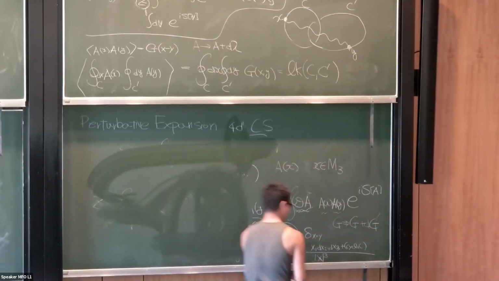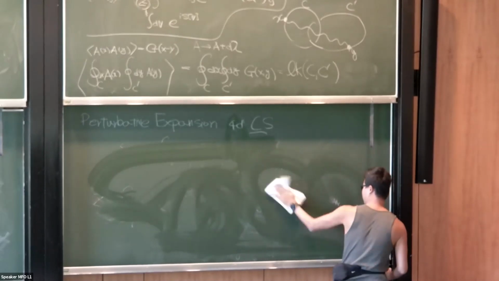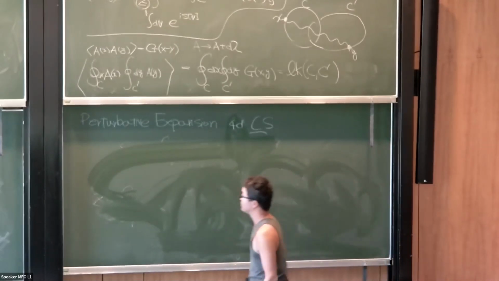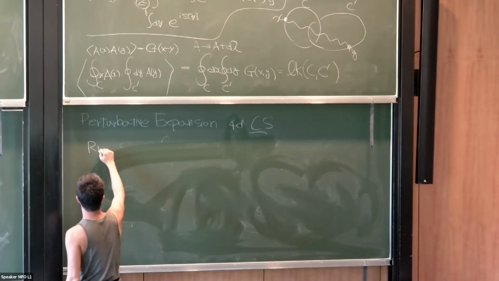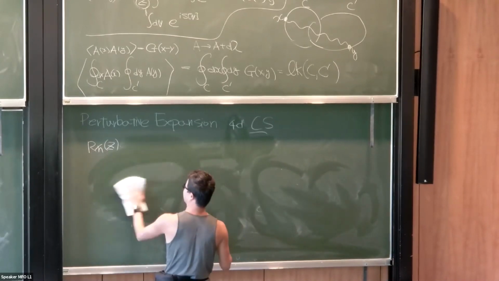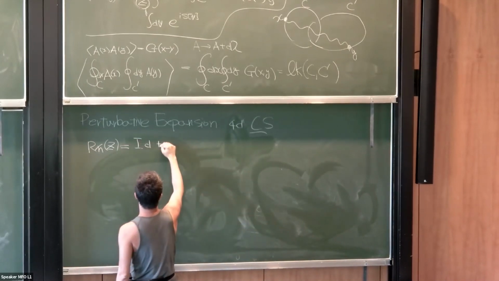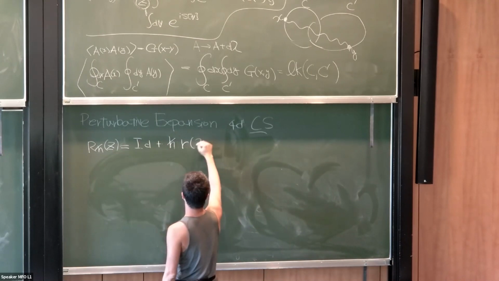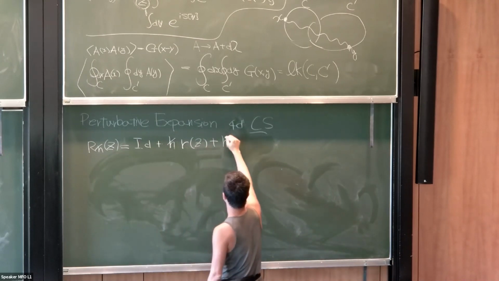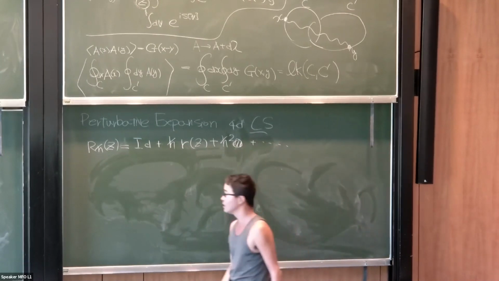And here, instead of the linking numbers and things like that, we get the R matrix. The full R matrix, as I was advertising, should be given by this expression. It has an expansion starting from identity plus h bar times the classical R matrix plus h bar squared, etc. So this is the structure I was advocating.